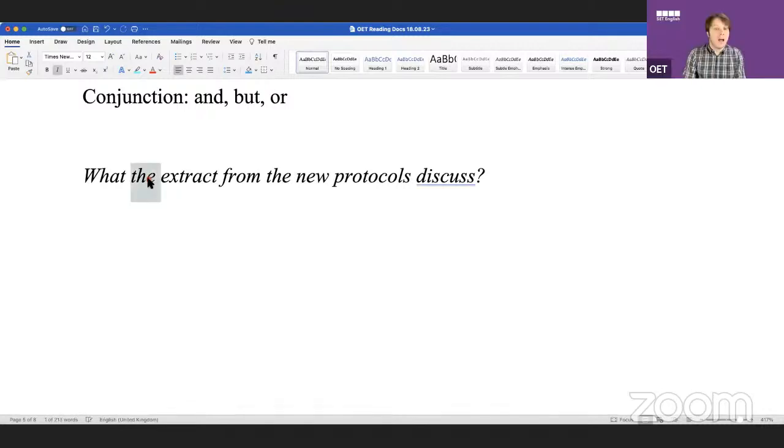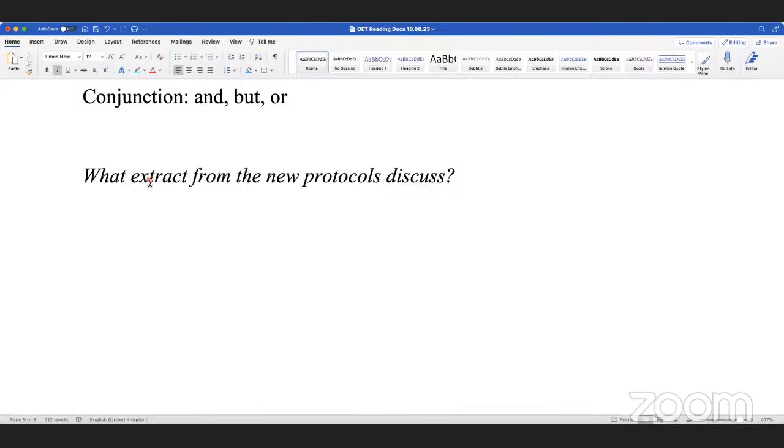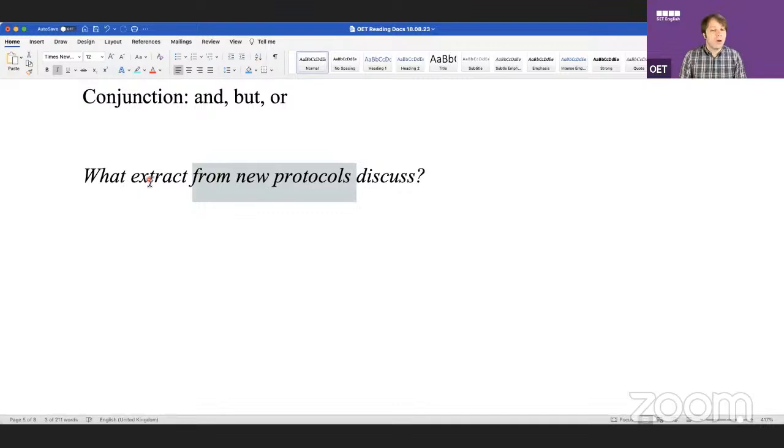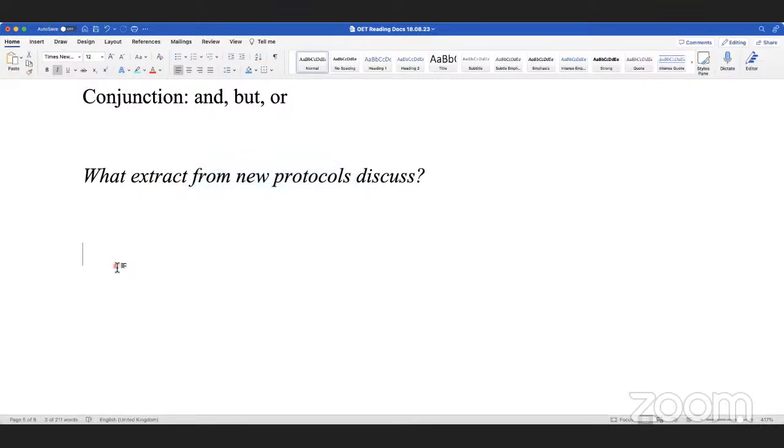Is there an article? The. Remove. What extract from the protocols discuss? Do I need "protocols"? No. Why not? Yes, you need it, because we already have it. Listen, guys, it's okay.